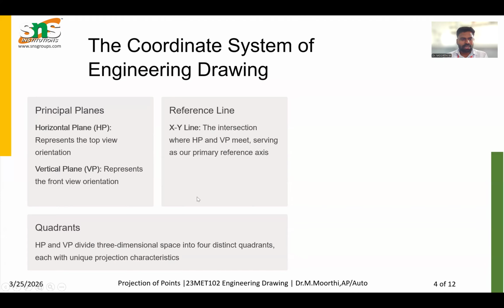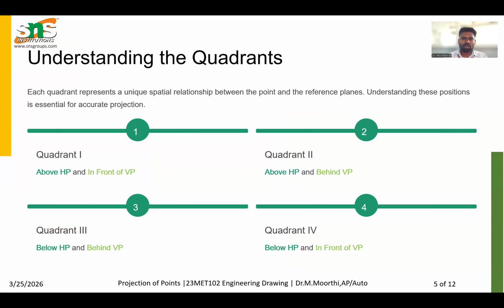The horizontal plane and vertical plane divide the three-dimensional space, and it has four distinct quadrants: first, second, third, and fourth quadrant. Each quadrant is divided based on the different planes called the horizontal and vertical plane.